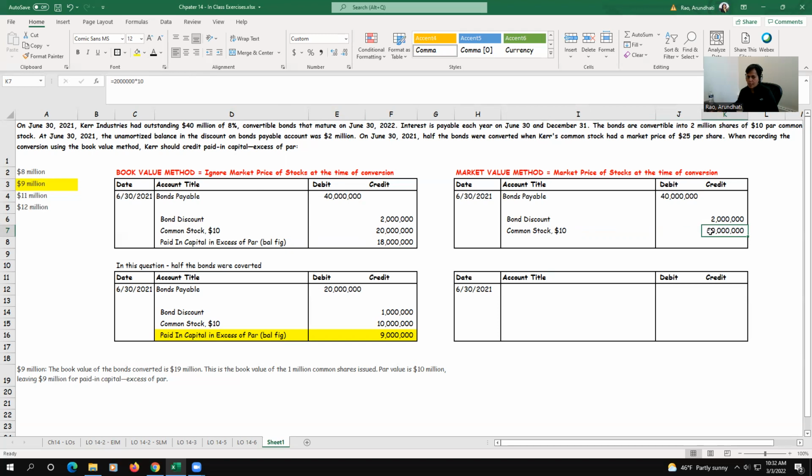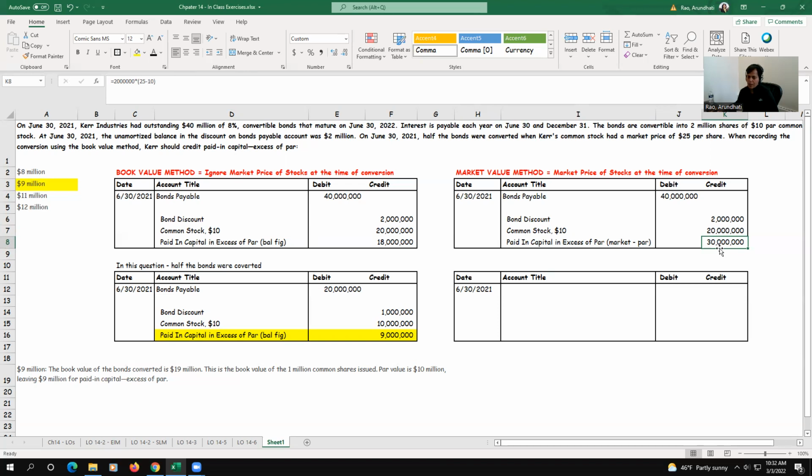Now what's different is the paid-in capital in excess of par. Paid-in capital is credited at market minus par. Market is 25, par is 10, so this is $15. 15 times the 2 million shares that I issued is $30 million.